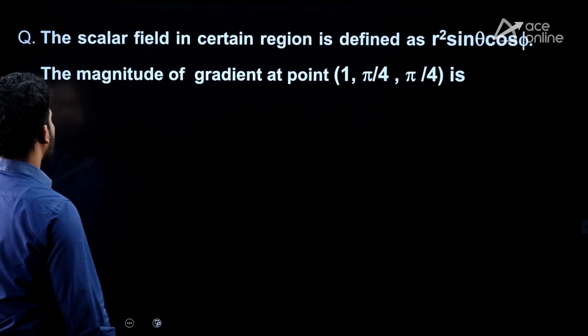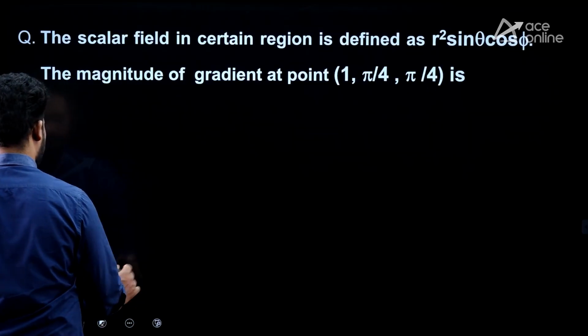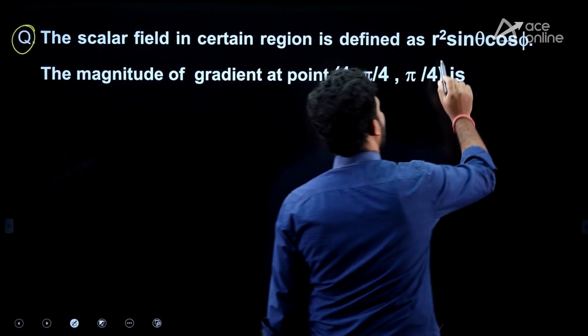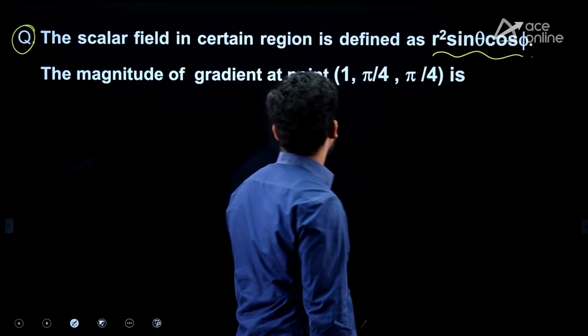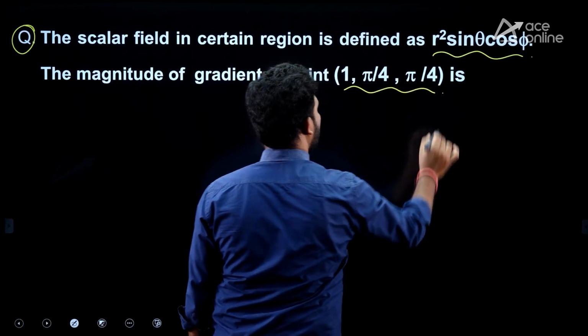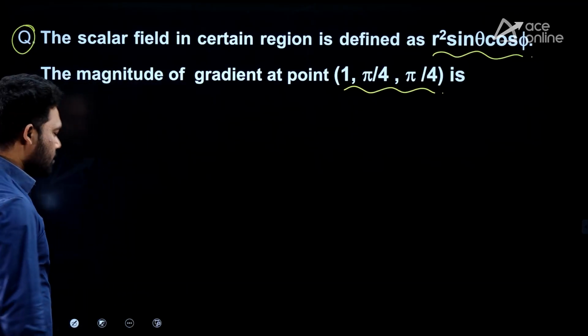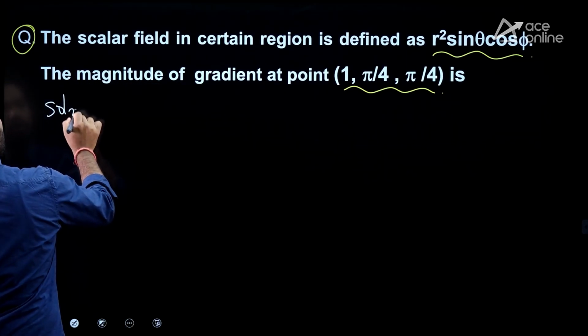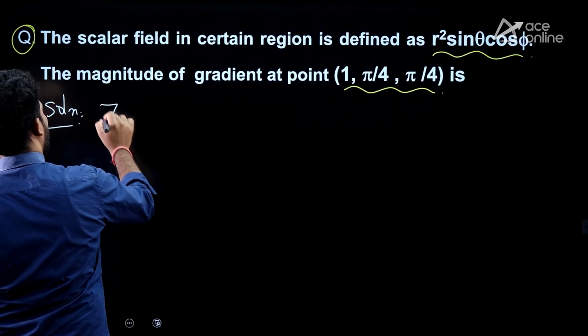So let us take some questions on these things. The scalar field in a certain region is defined as r square sin theta cos phi. The magnitude of the gradient at the point (1, pi/4, pi/4) is? So it is asking us to find the gradient. What is the gradient formula in the spherical coordinate system?